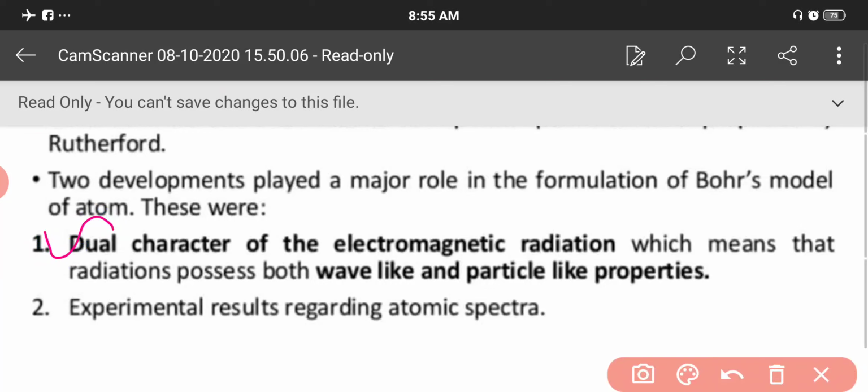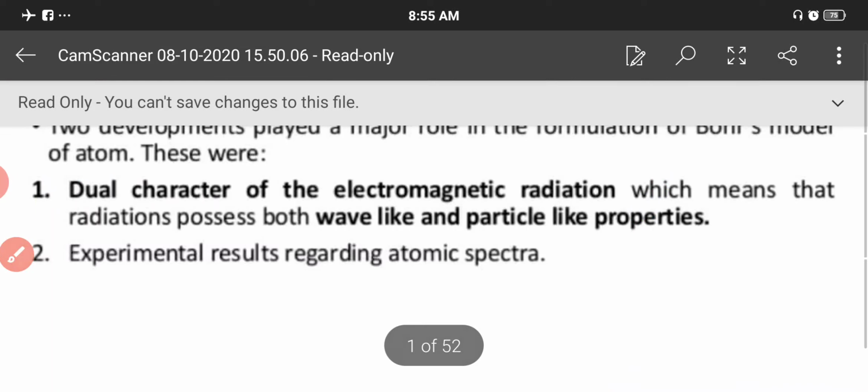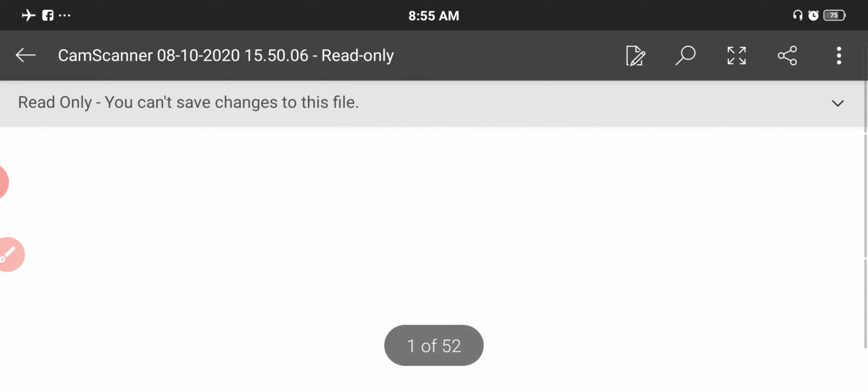Second, experimental results regarding atomic spectra, that we discuss later in this unit. Which experiment is performed for identification of atomic spectra?